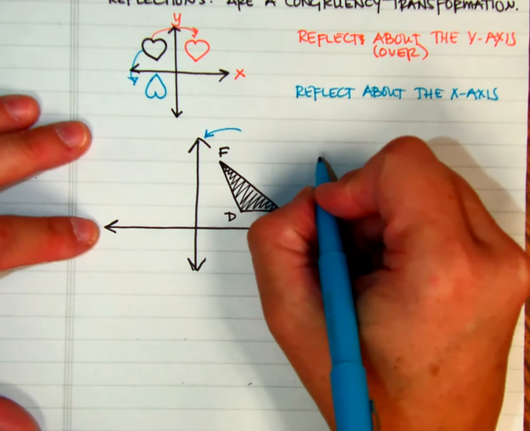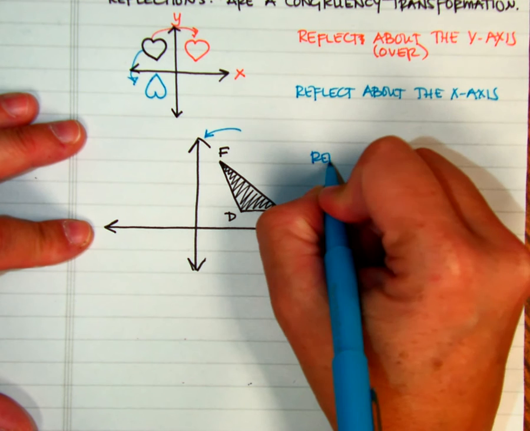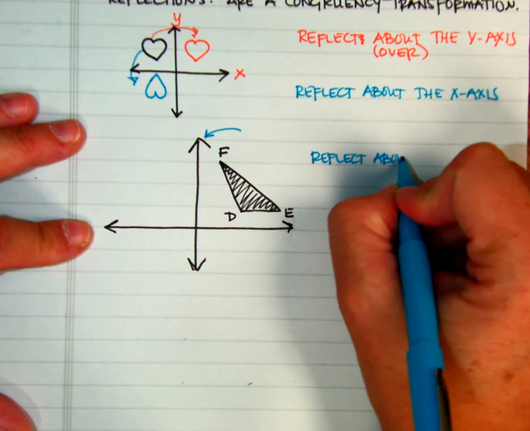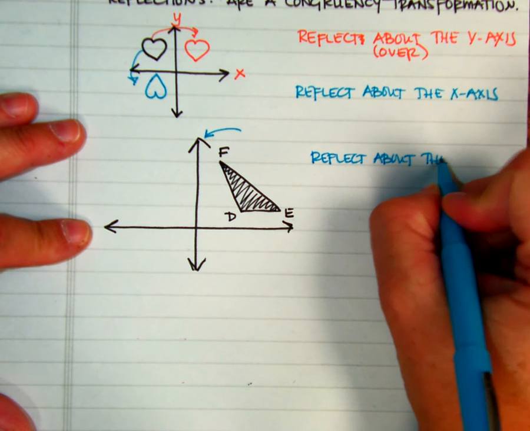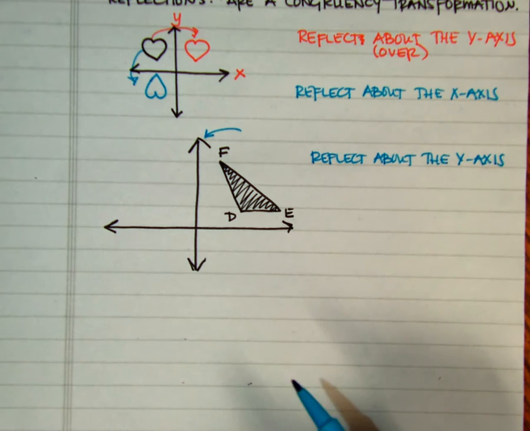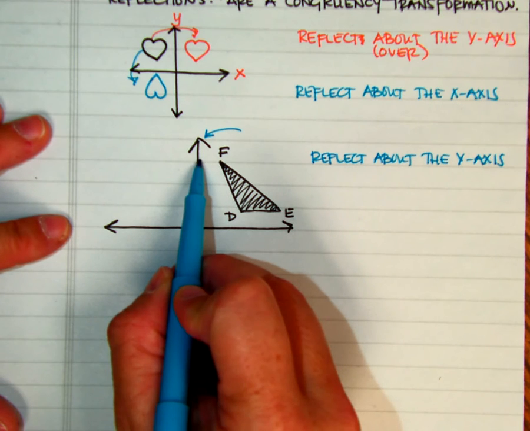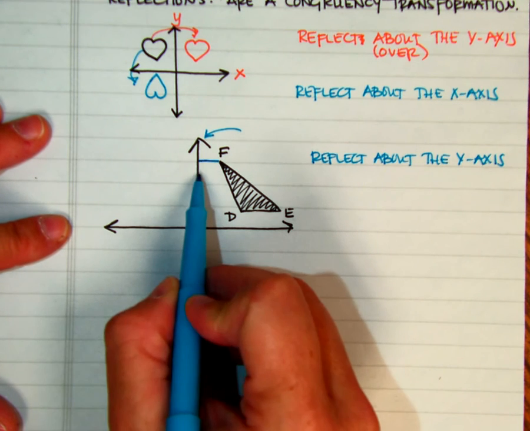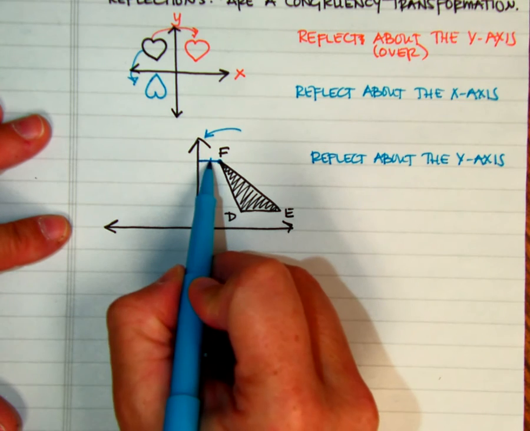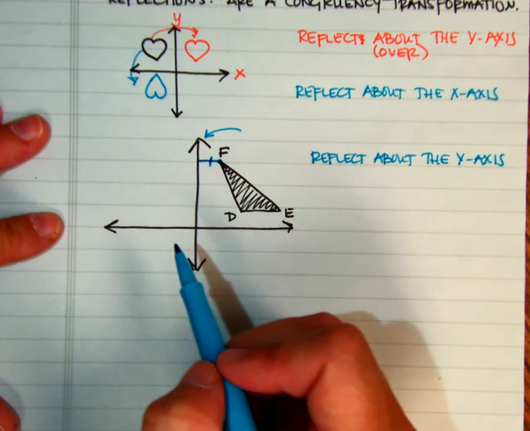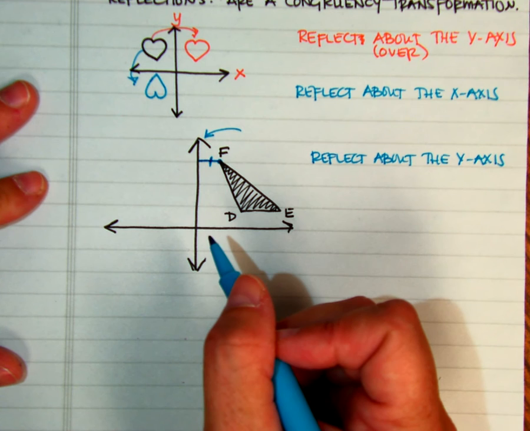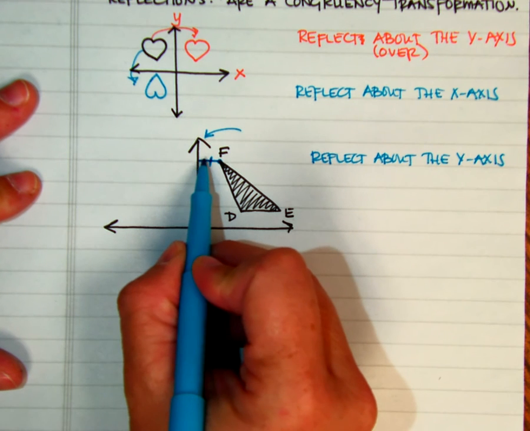So in this one, I'm going to say reflect about the y-axis. So we need to be thinking about distance. So however many units it is from my line of reflection to F, that distance, and remember distance we talked about earlier in geometry, even in algebra, distance is the perpendicular measurement.